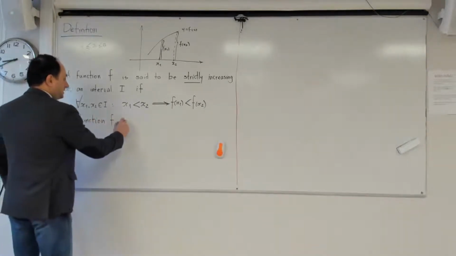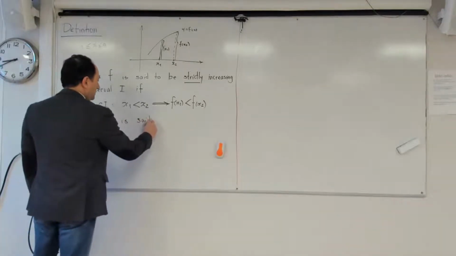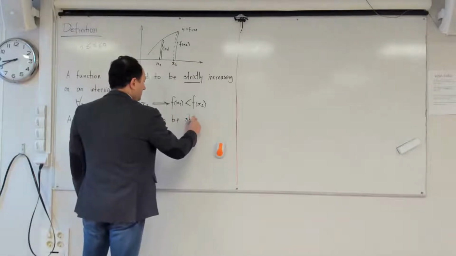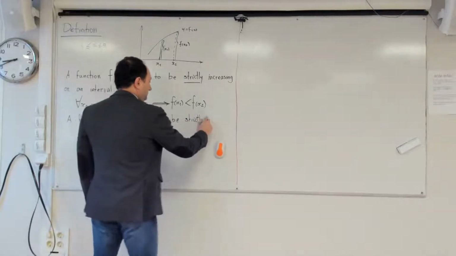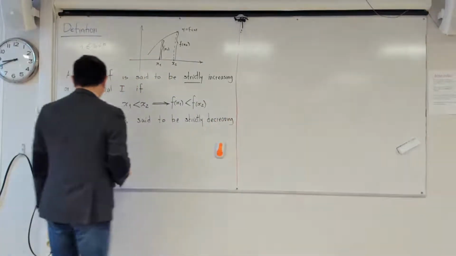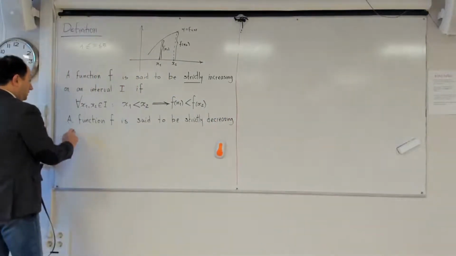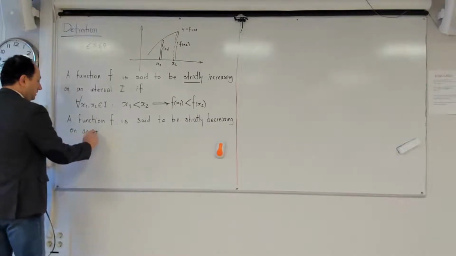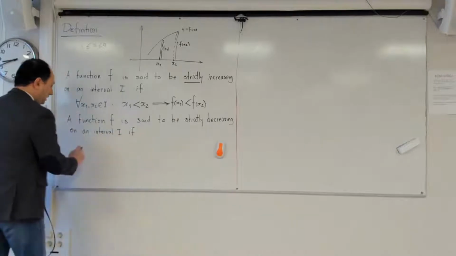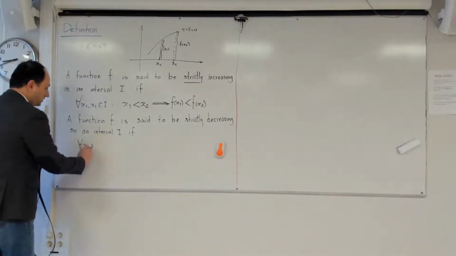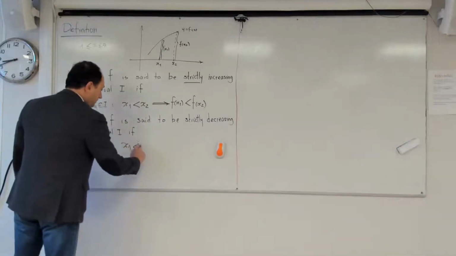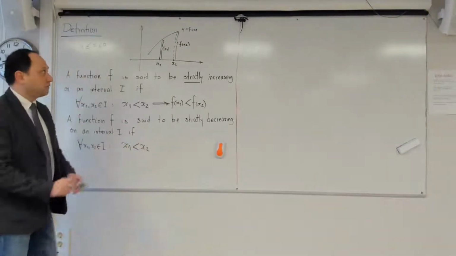Okay, and then a function f is said to be strictly decreasing on an interval I if, again, for all x1 and x2 in I, if x1 is smaller than x2, let us see what happens.